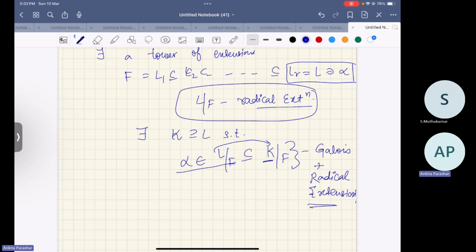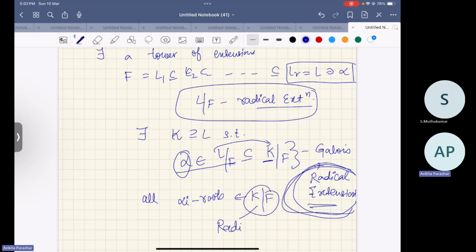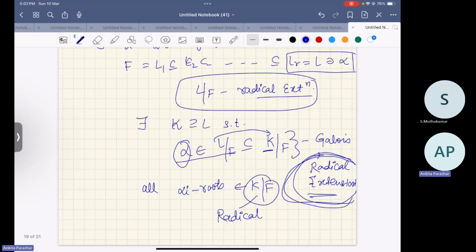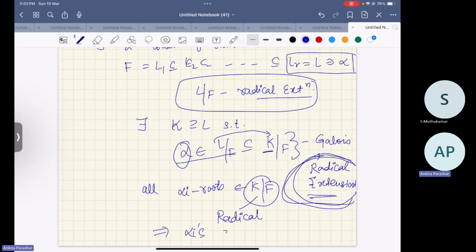And there is one more property about K, the extension. What is that? The radical extension. Whenever we find the roots in a radical extension, we say that the element itself is solvable by radicals. You agree, right? That means all the alpha i's, the roots, are in K over F, which is nothing but a radical extension, and by the definition of solvability by radicals, the alpha i's are solvable.